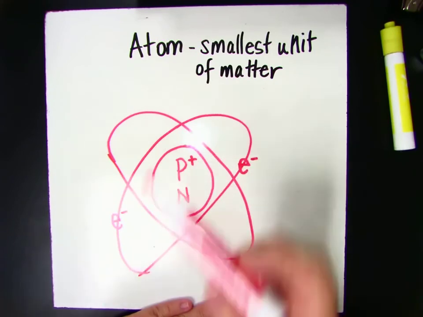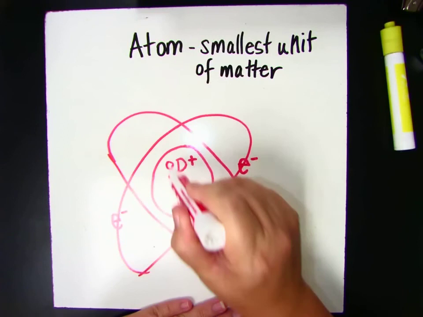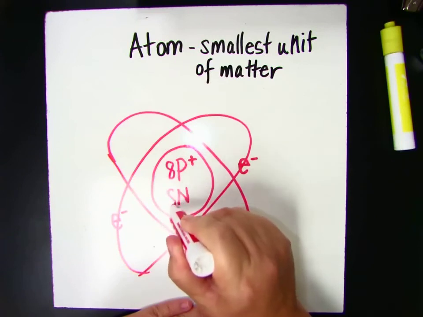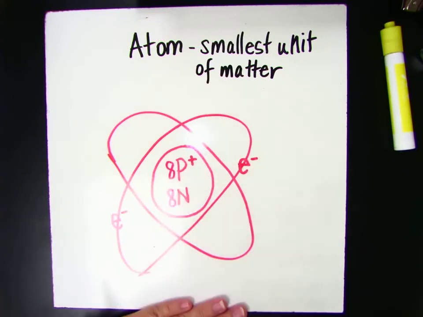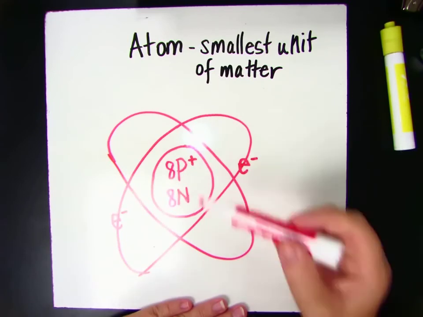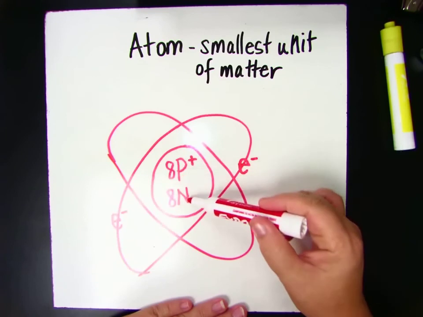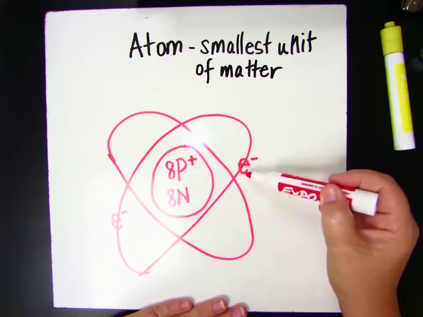So if there are 8 Peggies, there will be 8 Normans. There are always married couples inside of the nucleus of the atom family.